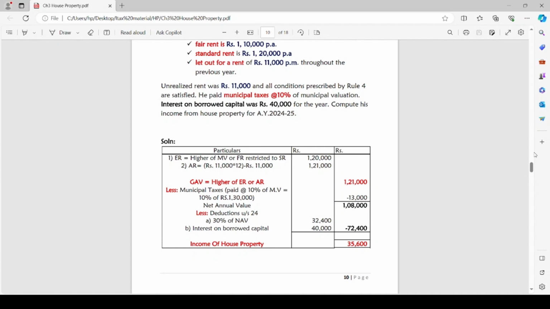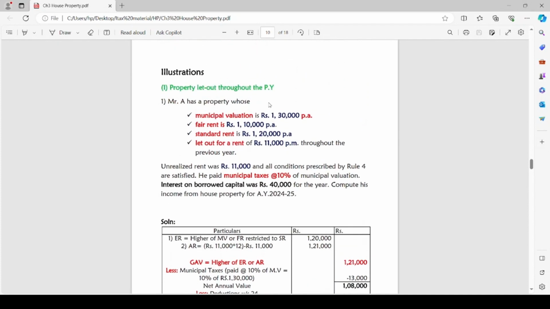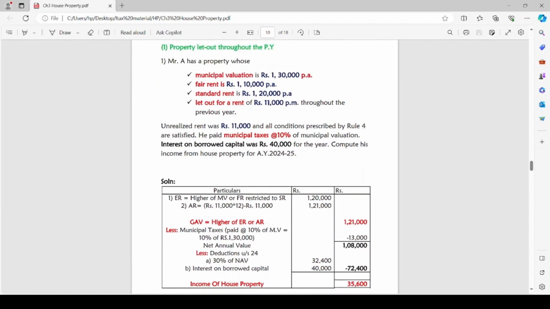Since this is the case where the property is let out throughout the previous year, there are no complications for deduction under section 24B. And so we have taken the whole amount of interest on borrowed capital, that is 40,000, as a deduction under section 24B, and we have reduced such amount from the net annual value. For let out property, there is no threshold limit for taking deduction under section 24B.